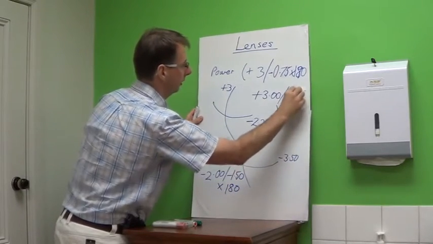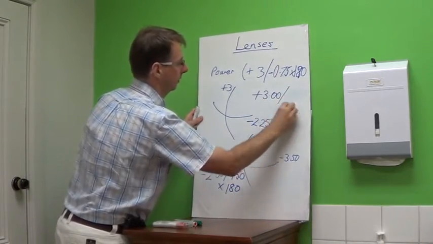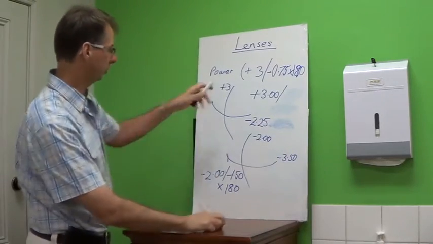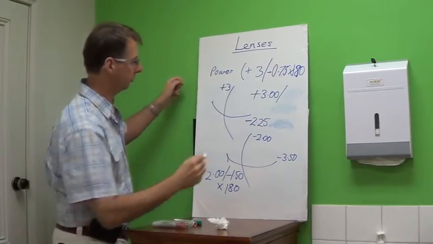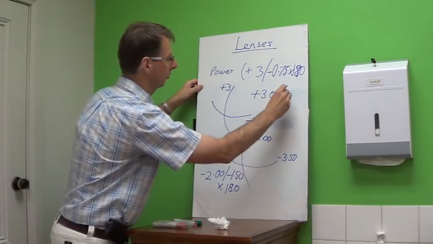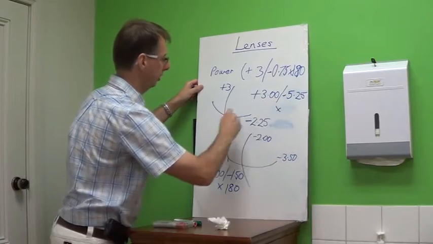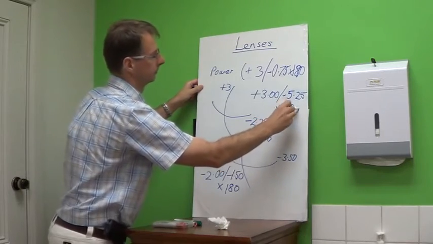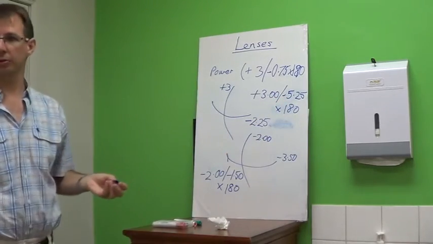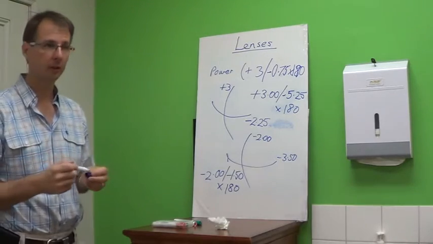Clean it off. So still +3 is the most plus direction. What is the difference? We just decided that was -5 1/4. And the orientation, well, it's still at 180. And that's effectively how a prescription is done from a lens, okay?